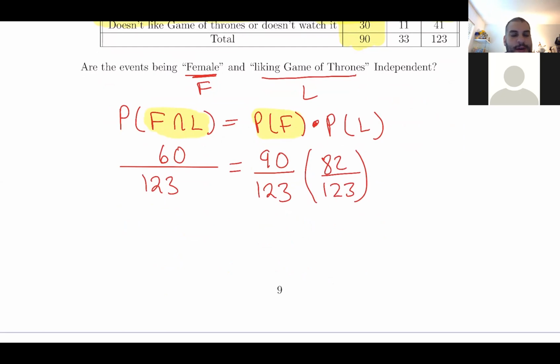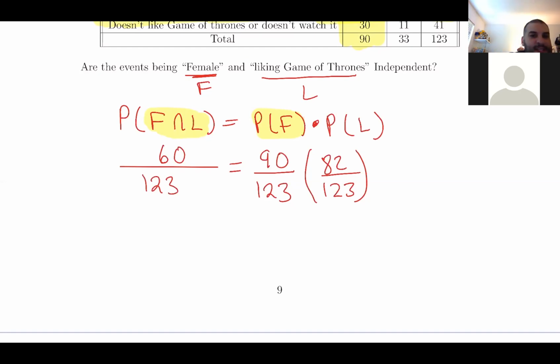All right, so far, everybody good? That's how I got 60 divided by 123 is equal to 90 divided by 123 times 82 divided by 123. Up next, we're going to multiply this out and simplify it.